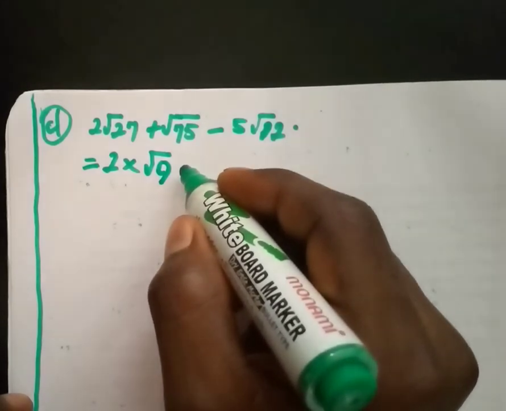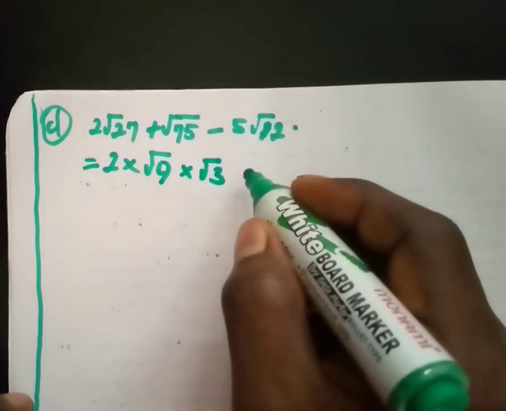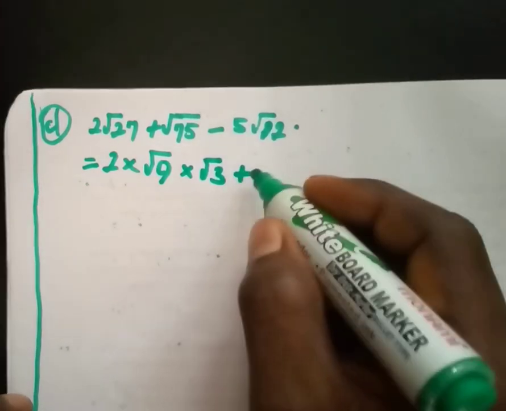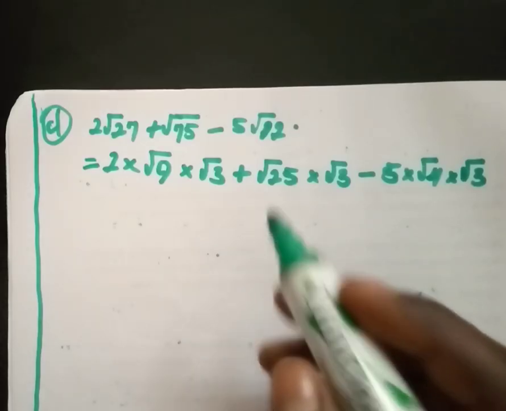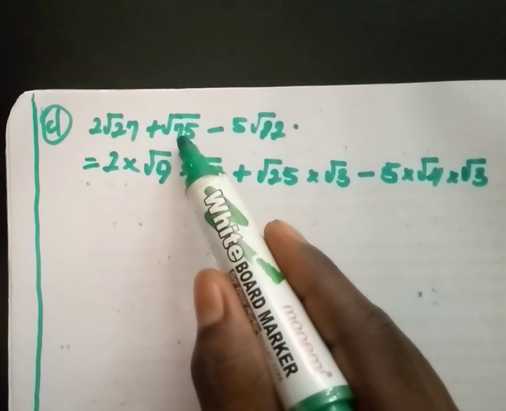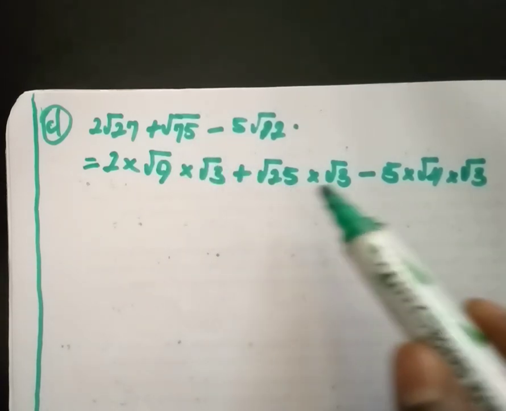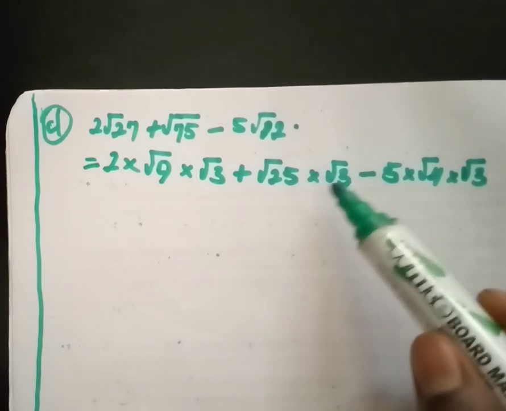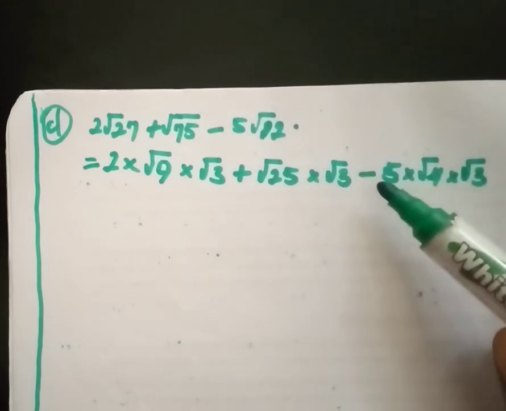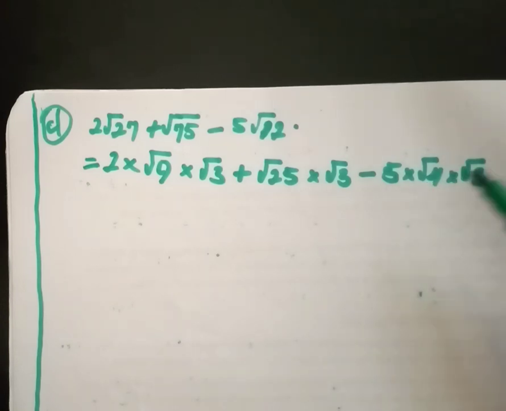So you write root 9 times root 3, plus, you look for two numbers that when you multiply they will give you 75, and that is 25 multiplied by 3. You write it under the square root, minus 5 multiplied by two numbers that when you multiply will give you 12, and that is 4 and 3.